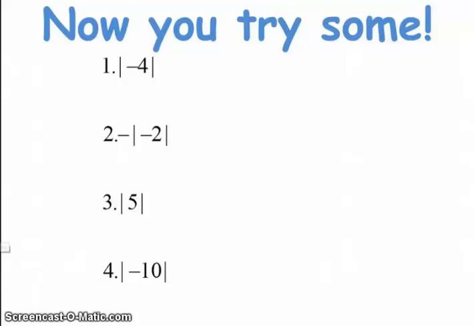Alright, now welcome back. So here are the answers. Absolute value of -4, that will be +4. Here we have negative times the absolute value of -2, which is 2, and then we bring down the negative, so that will be -2.